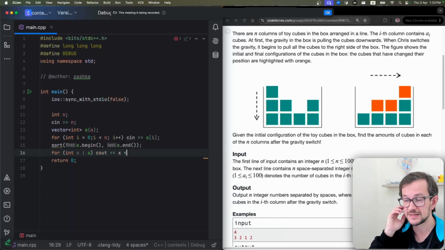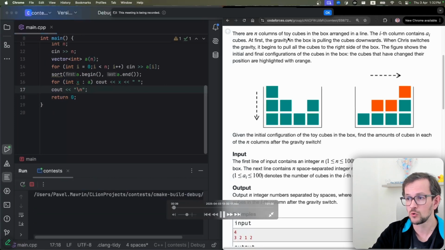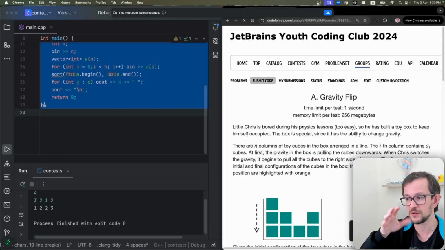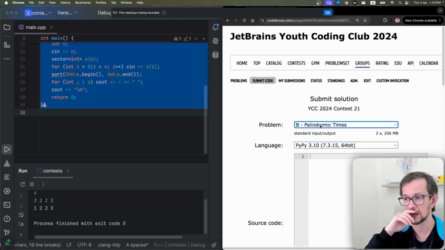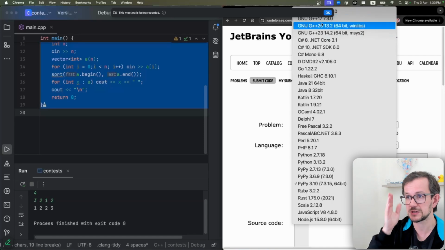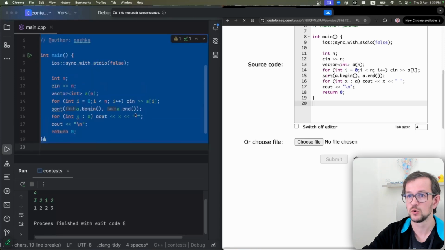But it's actually the same as if you just sort all the columns. If you look at the number of columns of the same height, you will see that if you move all the boxes to the right, the number of columns of the same height will be the same.